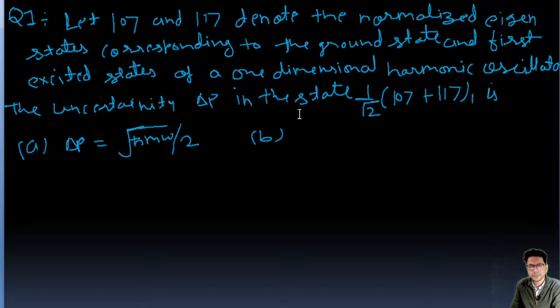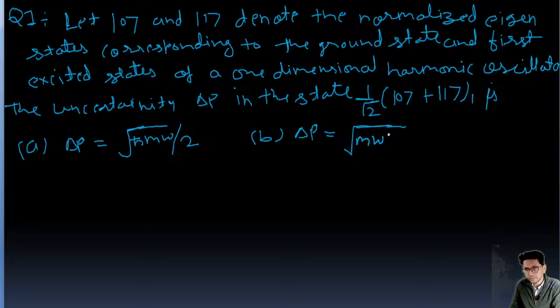Option B is delta P equal to root (m omega h cut upon 2) whole root.